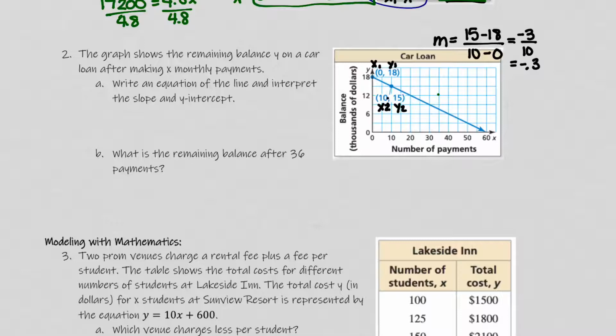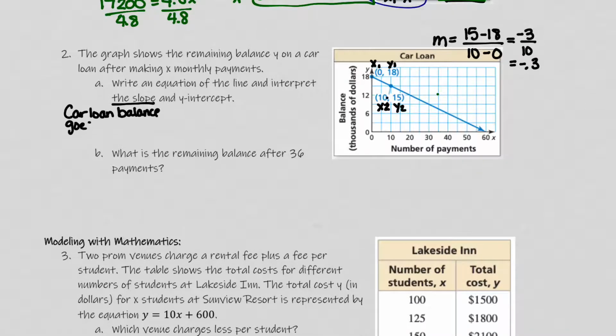All right, so we need to interpret that slope. Remember, it's rise over run, so negative means things are going to go down or drop. This means my car loan balance, because that's what y is, is going down because of that slope going down.